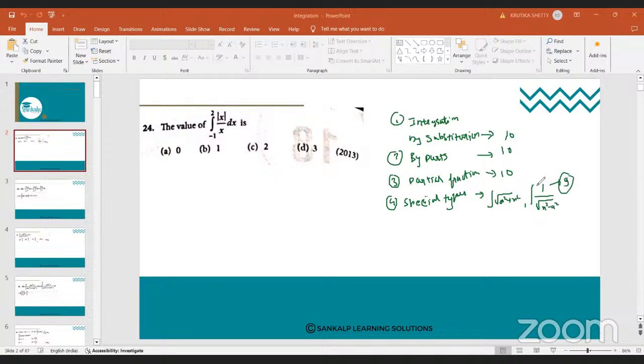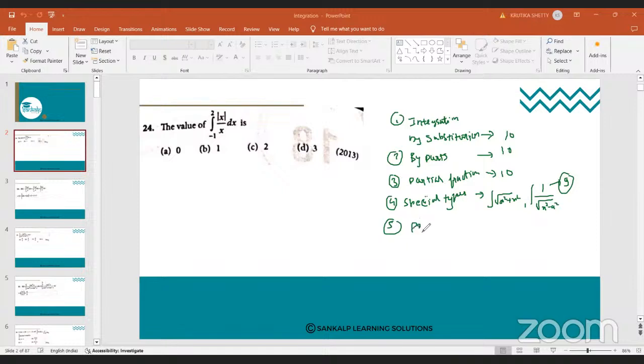Based on these, you try to solve at least 10 examples each. Then you may get at least 2 questions from properties of definite integrals, so again you need to solve at least 20.